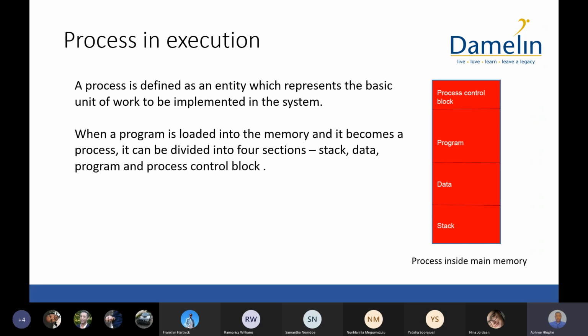I'll focus on only these 2. If you research further, you'll see that there's other information that is stored within this process control block. But the two main ones are the process ID, which is a unique number to identify the process, and the process state. What is the state of the process? It can either be active or it can be idle. And there's a reason why I'm focusing on those two, and later on in the presentation, I'll tell you why.